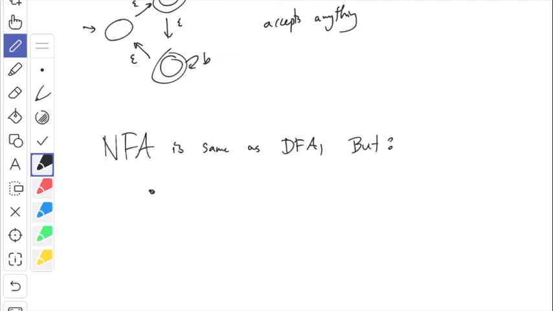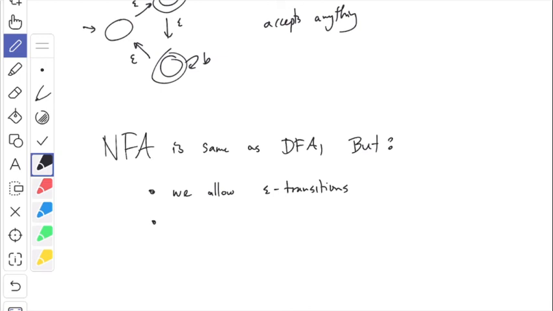First of all, we allow these epsilon transitions, which are not allowed in a DFA. And second of all, every state can have any number of outgoing arrows. It doesn't have to just have one outgoing. But I'm going to say that in a more technical way here.